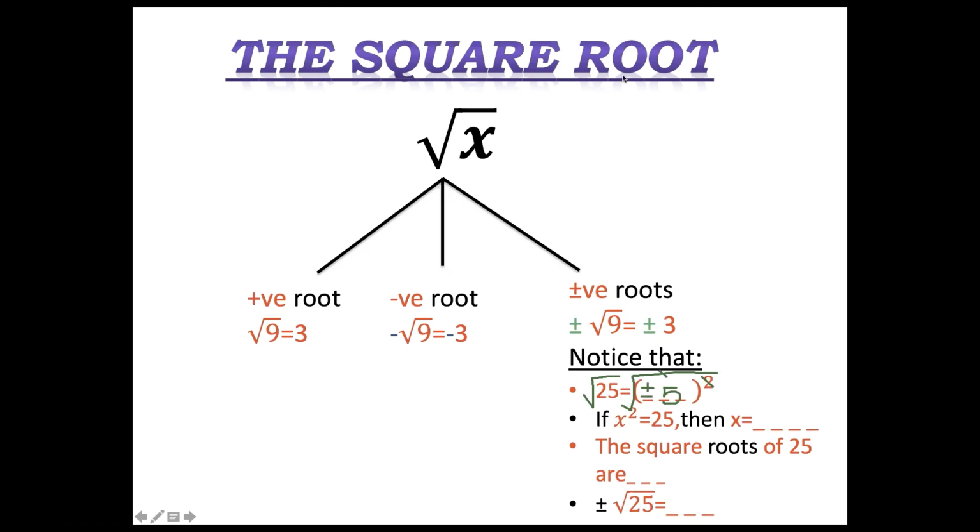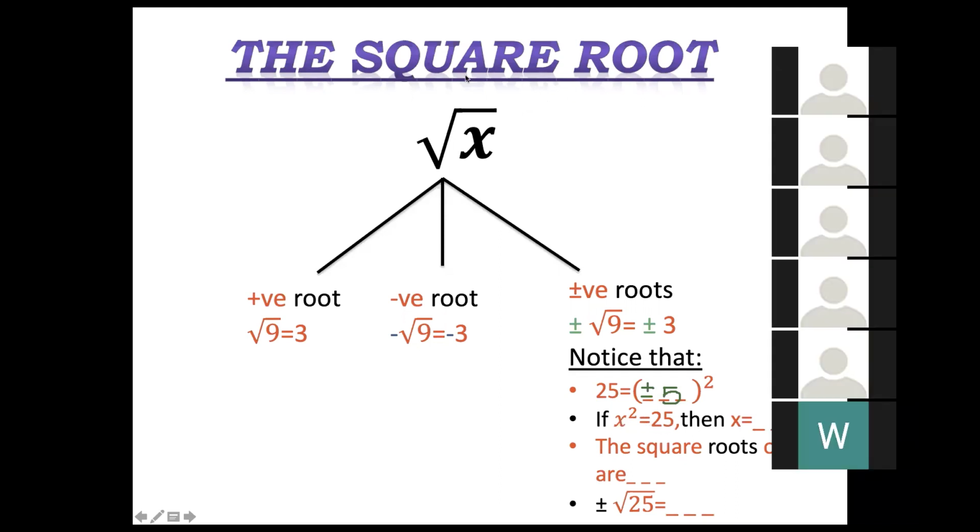So if you draw the square root by hand, you have to know you have to put positive or negative signs. The next probability is if it asks you to get the value of x, if I have the equation x squared equals 25.